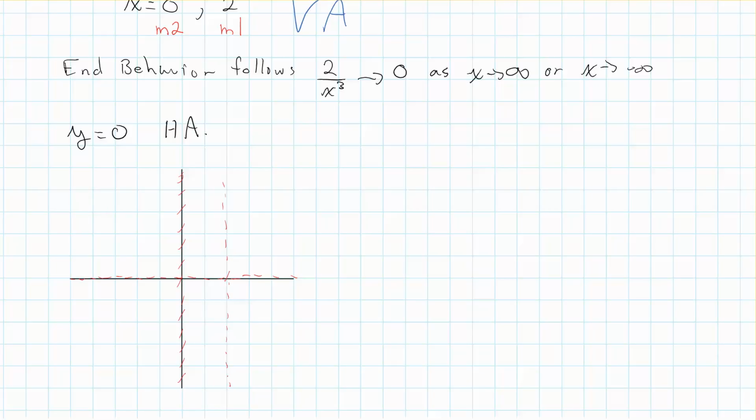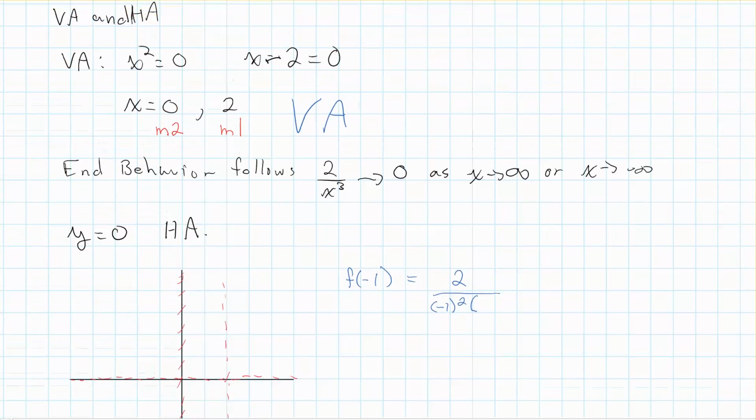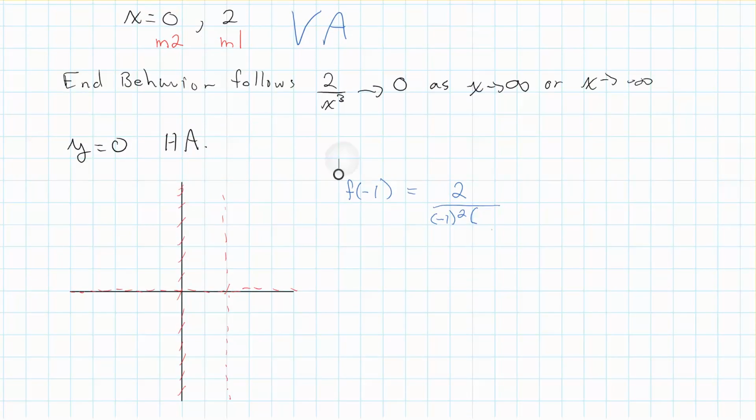So let's do f at -1, and this would be 2 over -1 squared times -1 minus 2, which would be 2 over -3. So it's -2/3. Again, we're going to have to rough sketch this here. So -2/3 at -1, kind of like right there.